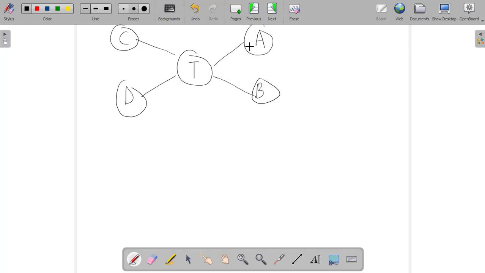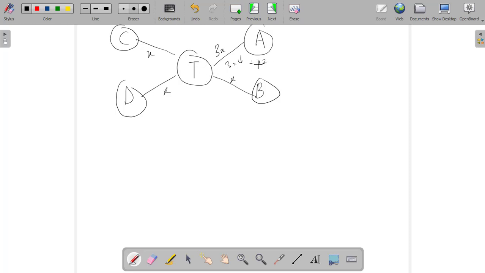But one thing of note in this operation is that if A is to transmit, for instance, X amount of traffic to each of C, B, and then D, it will transmit 3x to T, and then T will forward the X, or 1/3 of 3x, to each of B, D, and C. In a numerical example, if A wants to originate 4 erlangs to each of B, C, and D, here we are going to have 3 times 4 erlangs, which is 12.